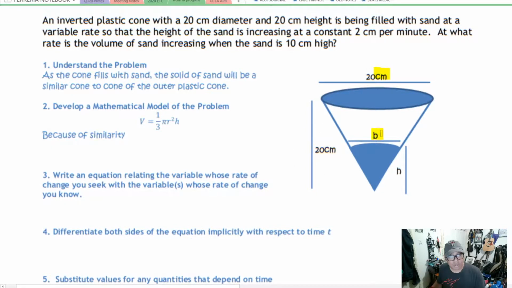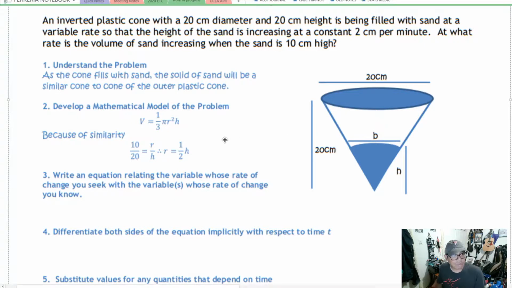So over here, this base and this height should be in that 20 to 20 ratio as well. Now the formula here is radius. So if this is 20, that means the radius is 10. So really, the radius is half of the height, which is what we have here. The radius to height ratio is 10 to 20, or the radius is half the height.